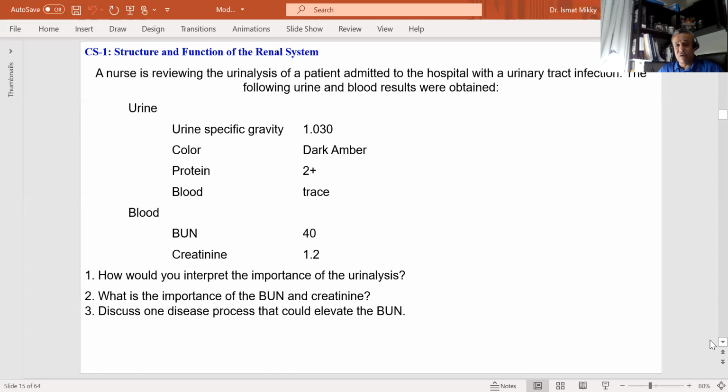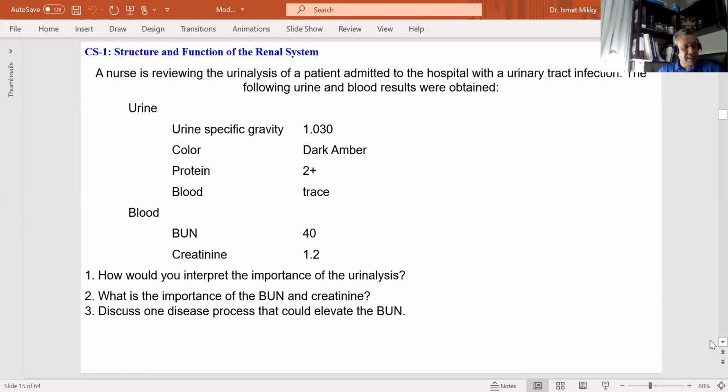The glomerular filtration rate is another evaluation of the kidney function. The normal BUN is 10 to 20. In this case, the BUN is elevated, which is 40. It demonstrates that the patient has an increased BUN, which is consistent with dehydration.